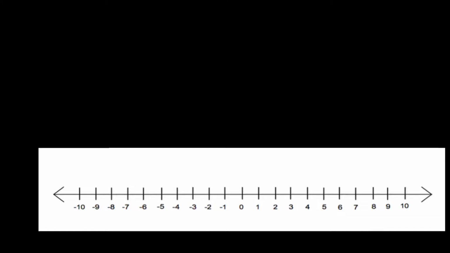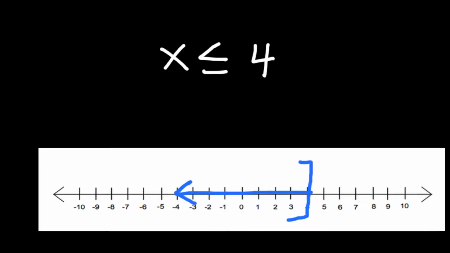Let's do one more. x is less than or equal to 4. Since it's less than or equal to, it gets the bracket. The arrow points in this direction.